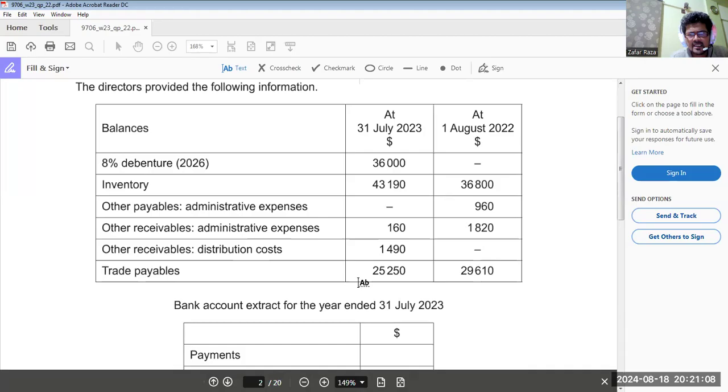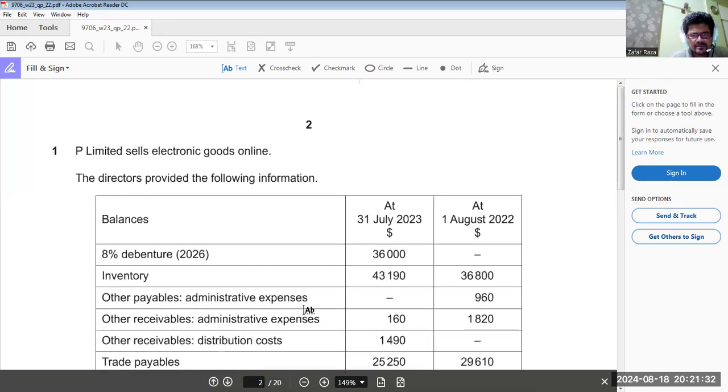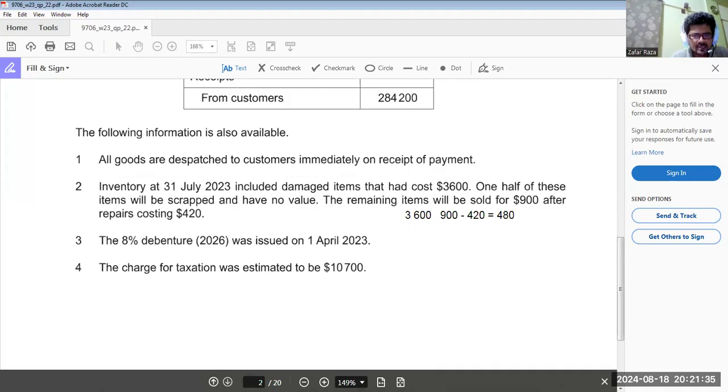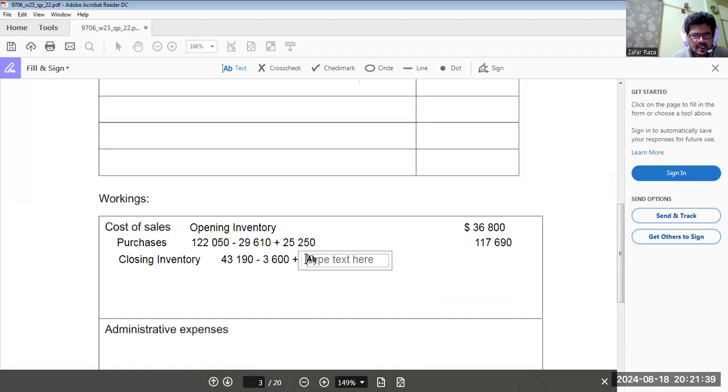Closing inventory is 43,190 minus damaged goods 3,600 plus the NRV of the damaged goods that we calculated already, 480.